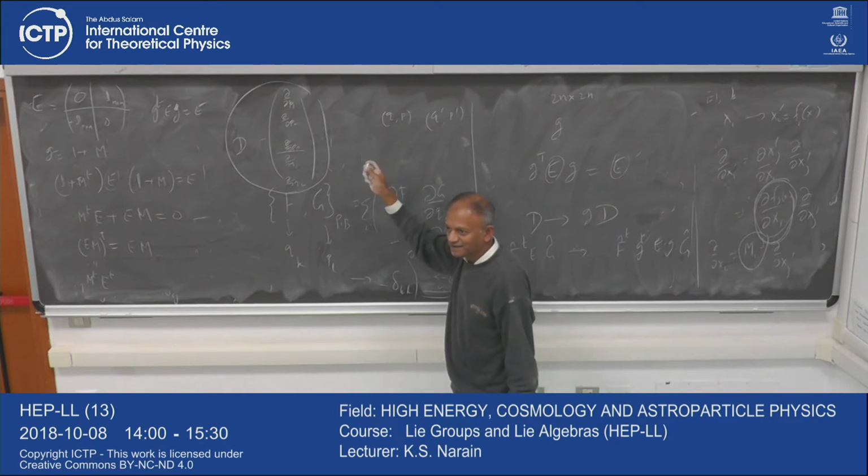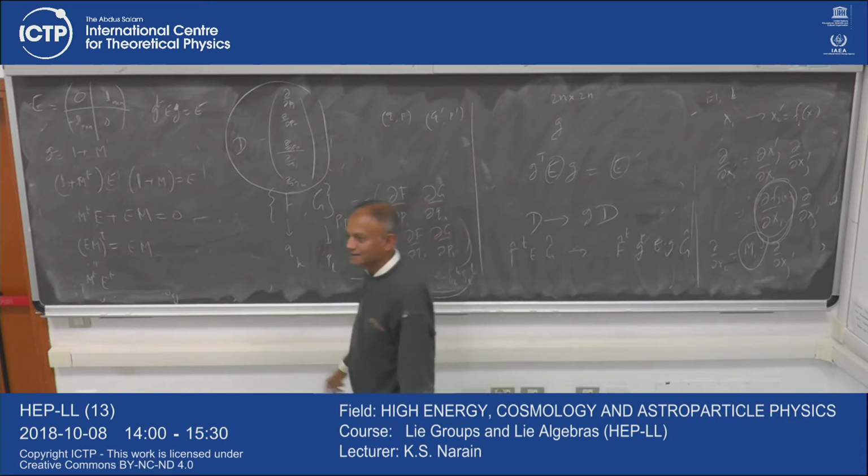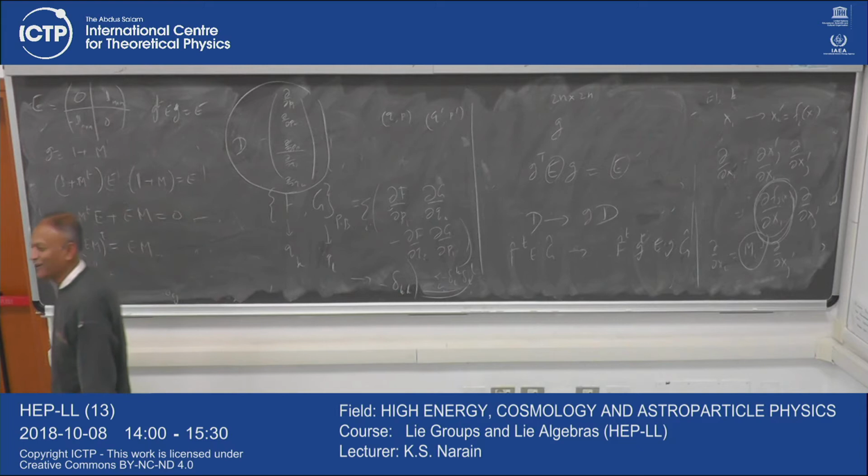But the Poisson bracket behaves like an inner product? No, because the notion of inner product is very much linked to symmetry. It's always symmetric, or Hermitian, depending on whether it's complex or real. So here this is different.